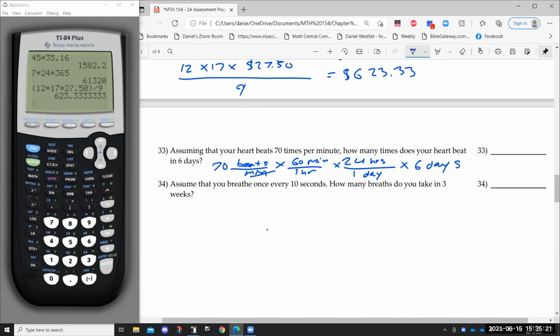So minutes cancel with minutes, hours with hours, days with days. I should be left with beats because it says how many times does your heart beat in 6 days.